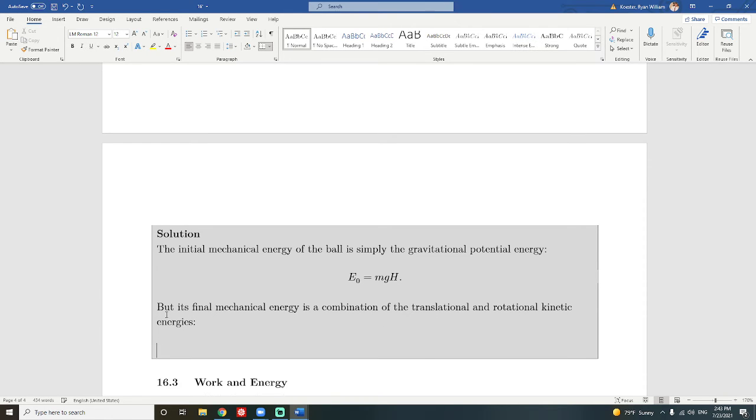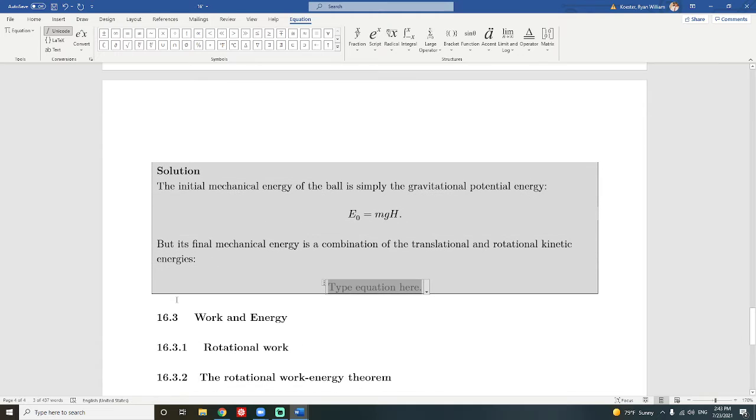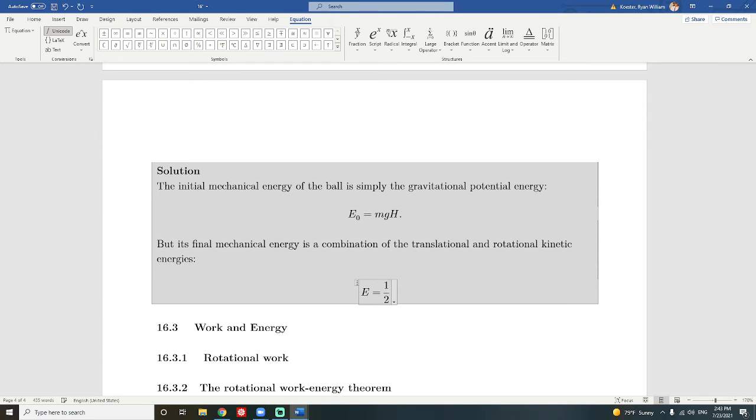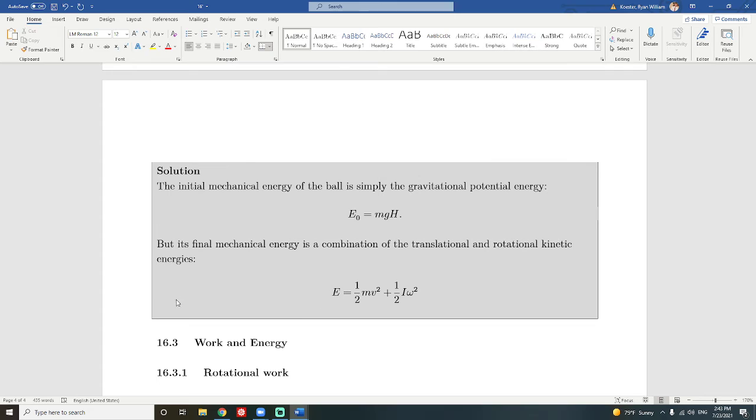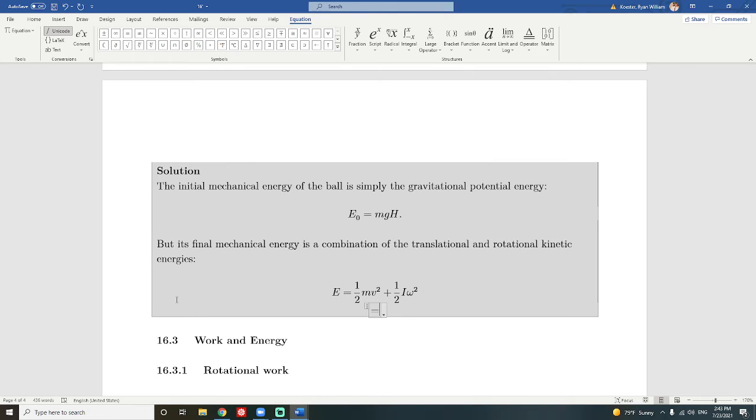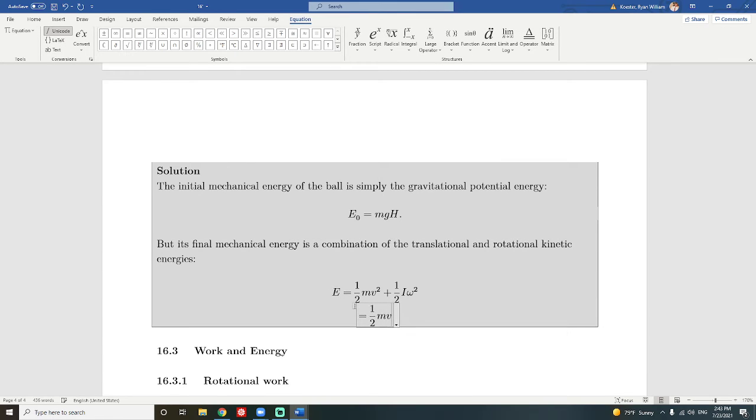So what we can do here is start out by writing just E equals 1/2 mv squared plus 1/2 I omega squared. And then let's take this down line by line and fill it in. We can just solve for the translational speed, because once we have that, it's a very simple matter to get the angular speed, but we could also do it the other way. I'm going to do it this way though.